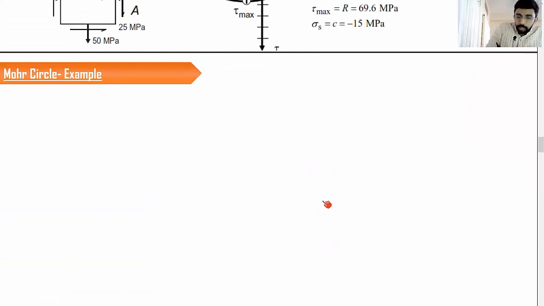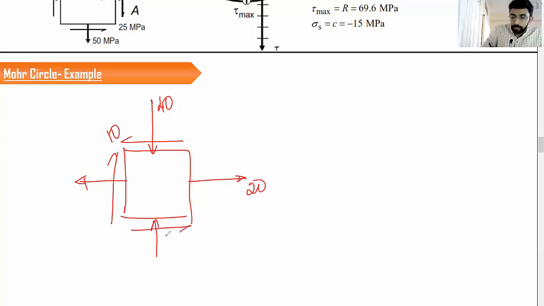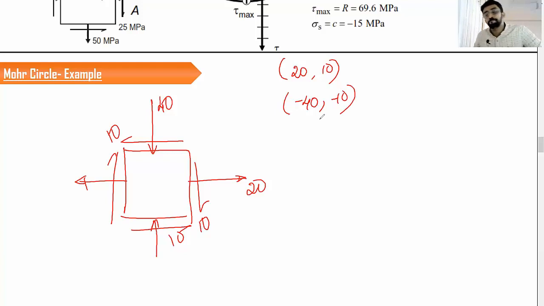Let us take a stress system. Let us say that this is going to be some 20, and we have a compressive value here, which is 40, and I have a shear here represented by 10. If I write two coordinates, the values are going to be 20, 10 and minus 40, minus 10.